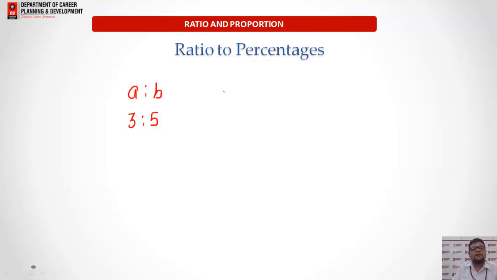Then what will be the A percent value? What will be the A percent? Okay, percentage value of A, or we can say what will be the percentage value of A out of the total.